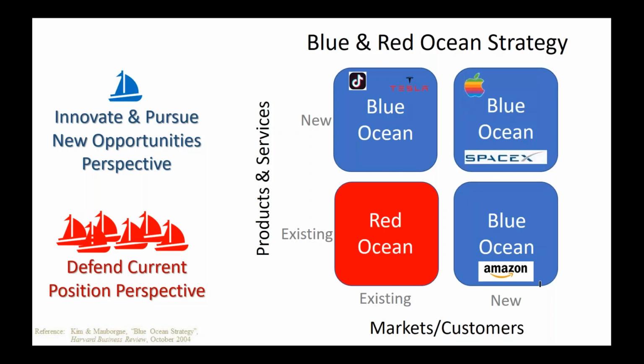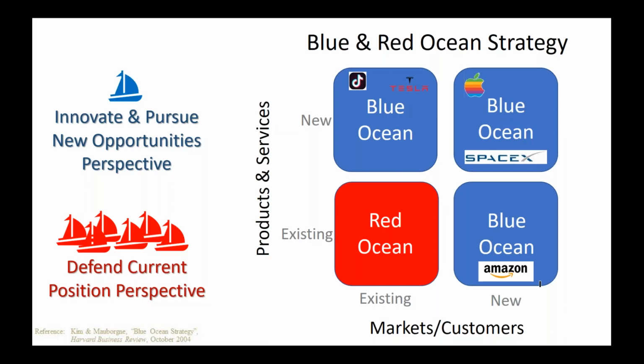Now, when you can really innovate, and here are just a couple examples, there's a lot more, with both new products and services and new markets and customers, you have Apple with the iPhone. Before the iPhone and the smartphone, that whole market didn't exist. So they created a whole new product, the iPhone, and then a whole new substructure under that with all the apps that go with smartphones now.